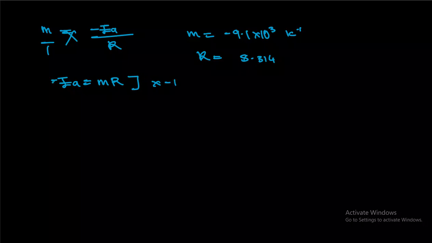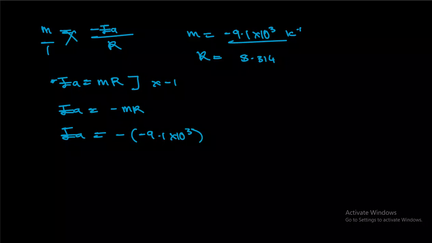So this negative is going to become positive. Then the activation energy is going to be equal to negative m, which is negative 9.1 times 10 to the power 3, multiplied by the gas constant, 8.314. What is the activation energy? Let me use my calculator.